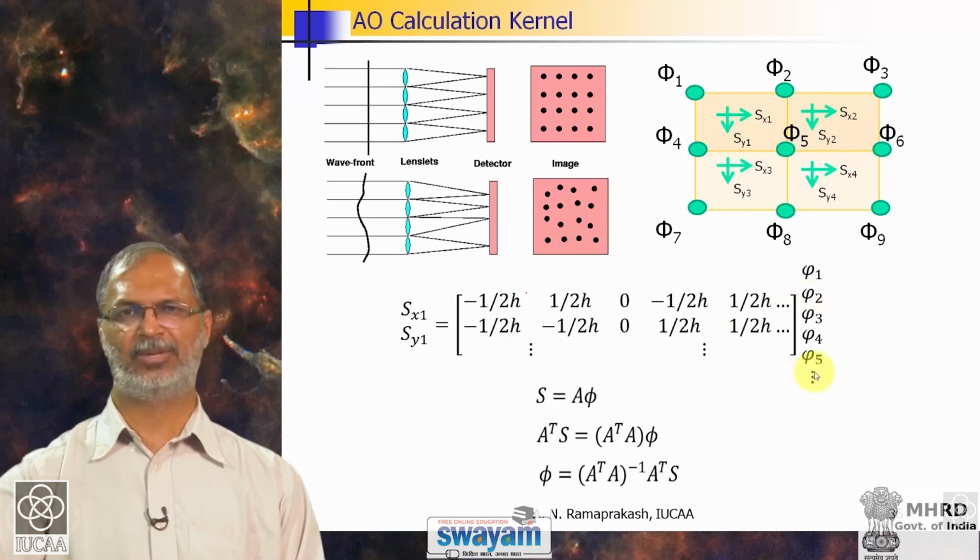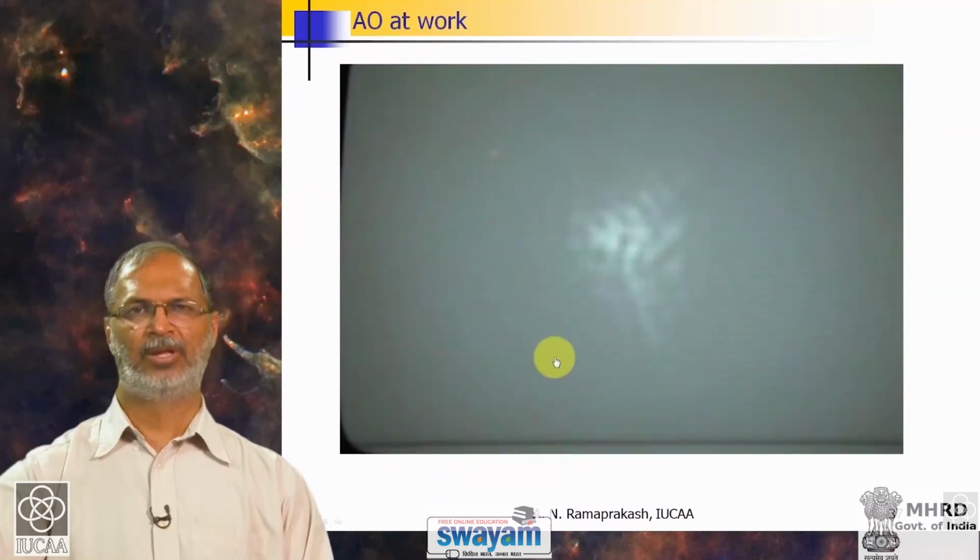So, we write the phase as a vector, and the translation matrix from phase to slope as an A matrix here, which does this translation, and then you invert that to calculate the phase from the slope. So, that is the process of an adaptive optic system.